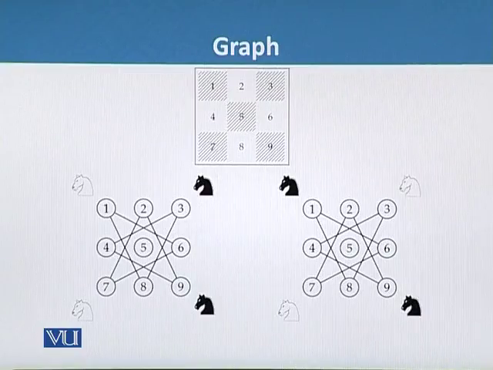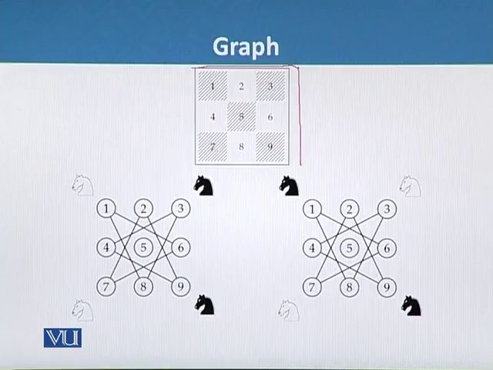Now we can see here the chessboard of 3x3. It means that there are 3 blocks here and 3 blocks in this direction. So the 2 points are connected by a line if moving from one point to another is a valid knight move.